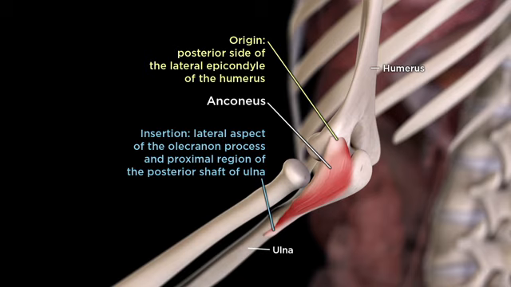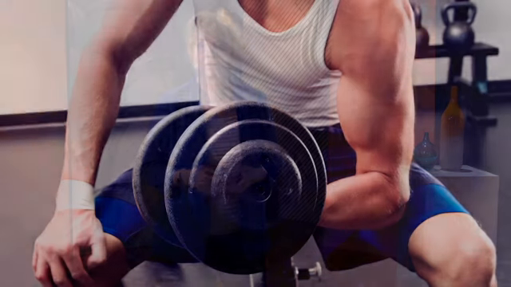Anconeus assists triceps brachii in its function, but its small belly is technically distal to the elbow joint. If you've taken an anatomy and physiology class before but never heard of anconeus, don't be surprised. As I said, it's typically not mentioned in high school or even undergraduate anatomy textbooks.